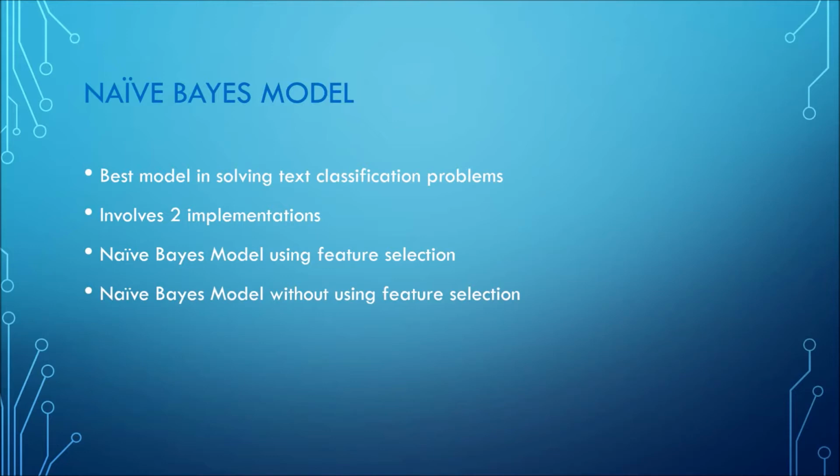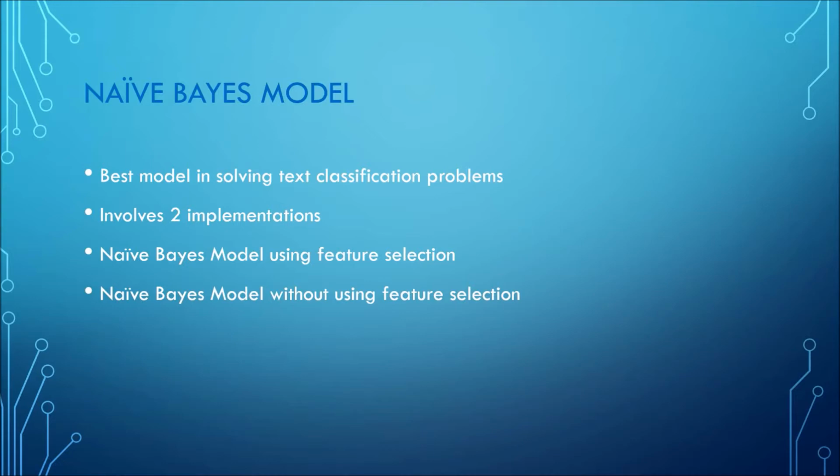And the other model which was implemented is the Naive Bayes model without using feature selection, where we directly process each training email, both the spam and ham emails, involving the processing of each keyword, instead of using the spam and ham keywords which are generated as part of the feature selection.